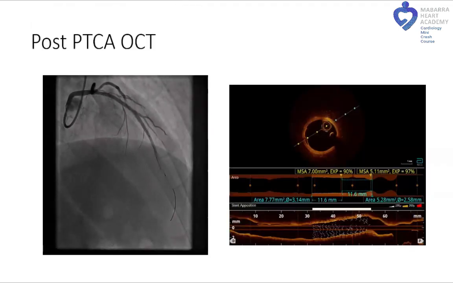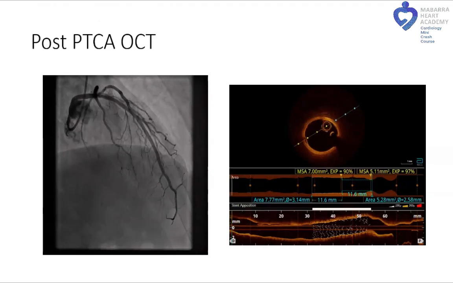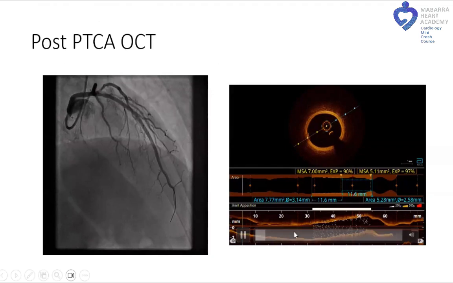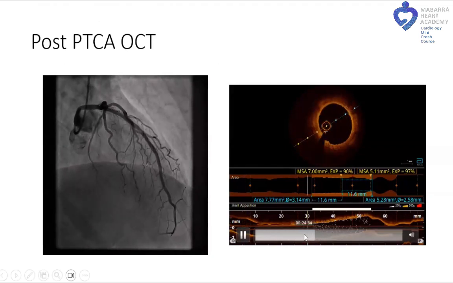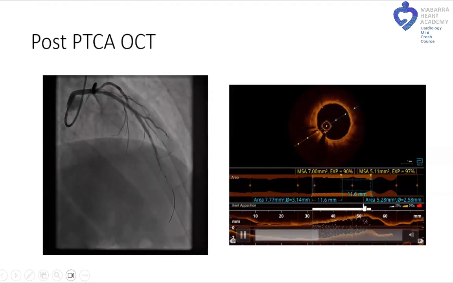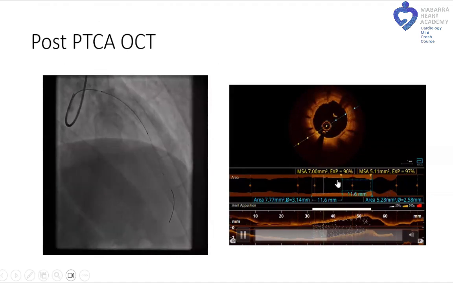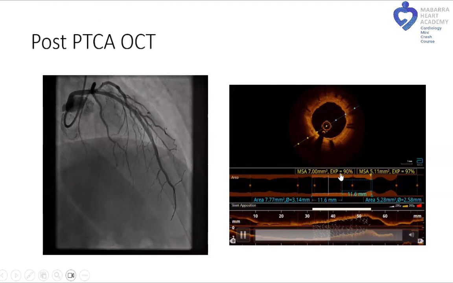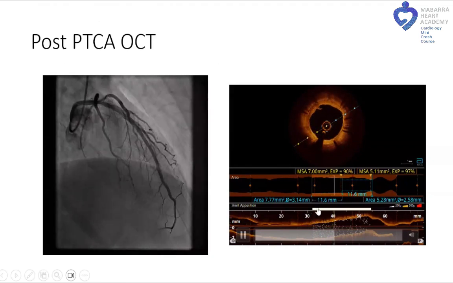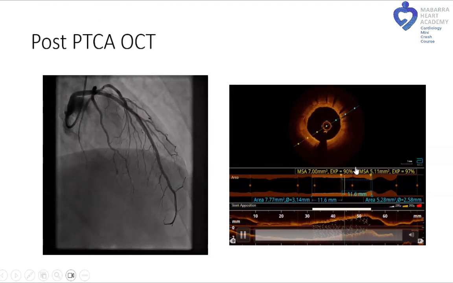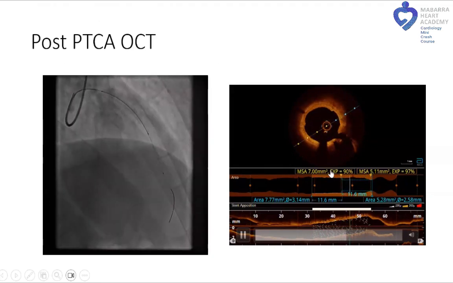And the final result was very good. The stent was very well expanded, as you can appreciate. No significant dissections either distally or proximally, and we did not have to put any new stents.